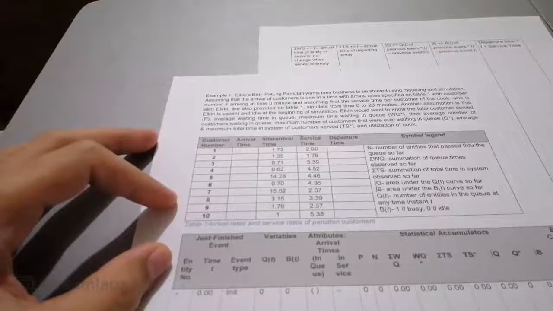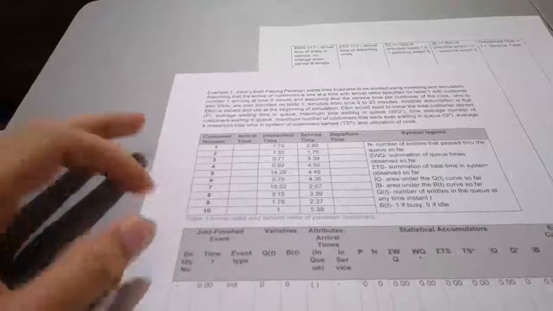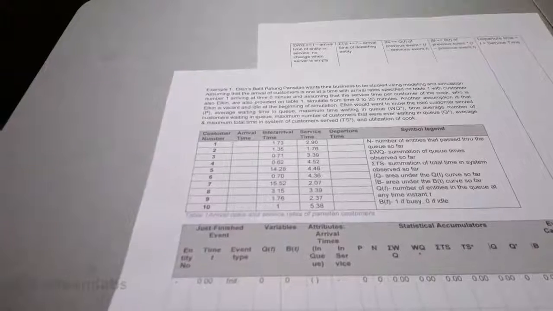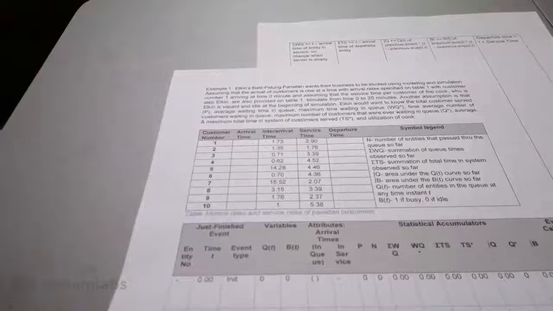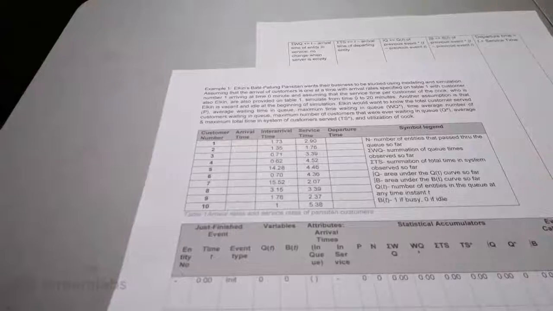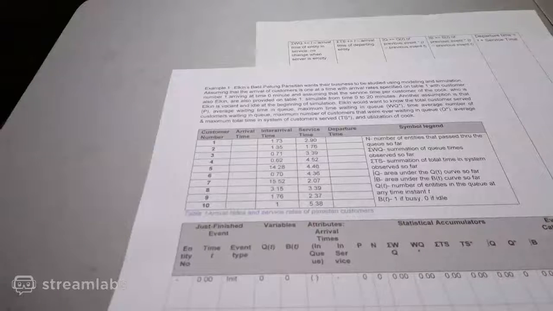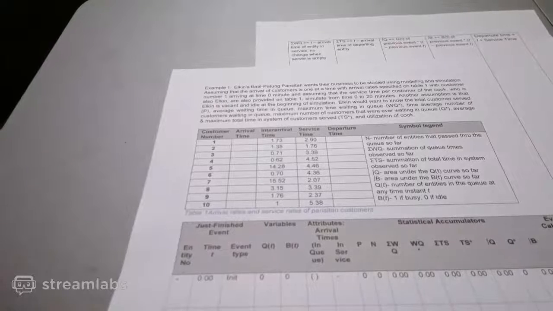Based on our previous discussion of the processes of conducting a simulation study, the first step that we should do is to identify, to formulate the problem or plan the study. So, in formulating the problem, we should know the objectives of the study. And those objectives are already given in our situation.